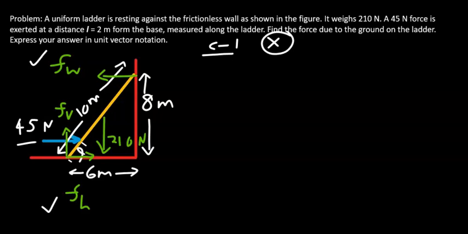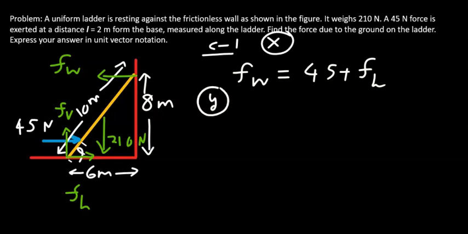So the force heading leftward, F sub W, must be balanced by all the forces heading rightward, which is 45 newtons and F sub H. Now let's balance the Y forces. There are only two: the weight and the vertical force from the floor. So that would immediately give us the vertical component of the force from the floor, being 210 newtons, the same as the weight.